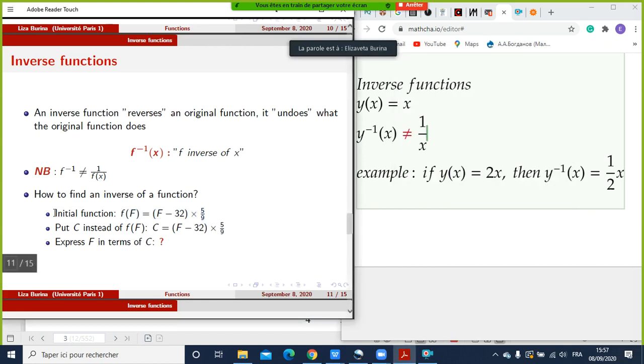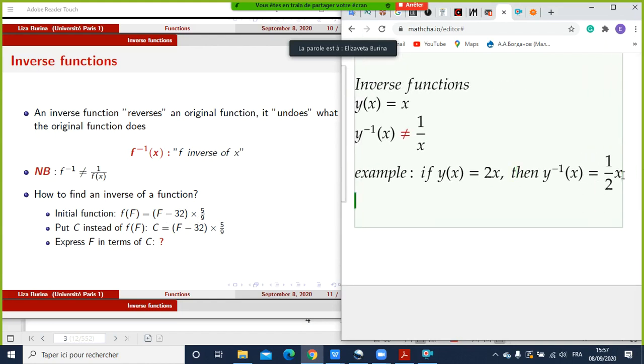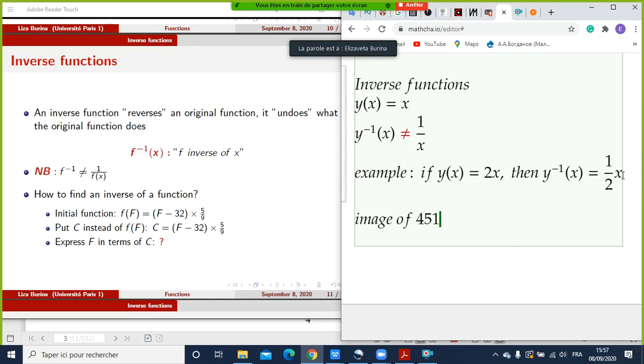So the initial function is what? We just try to find Celsius given we already know Fahrenheit. For example, here we can have a good option to train our image concept. So the image of 451 degrees Fahrenheit is what?